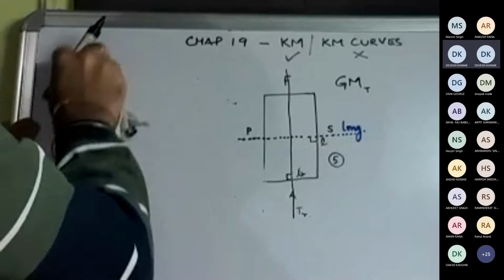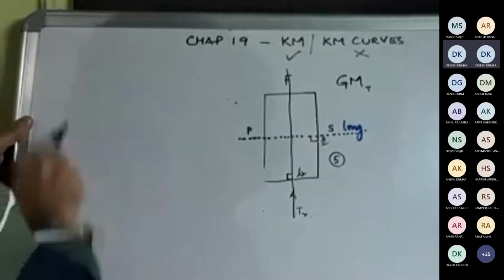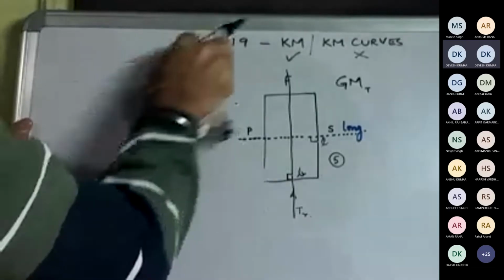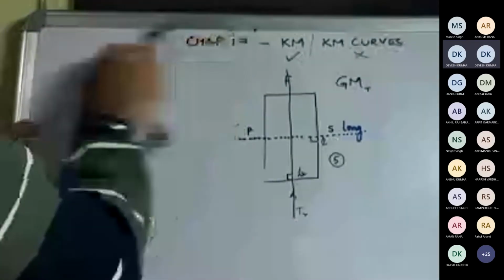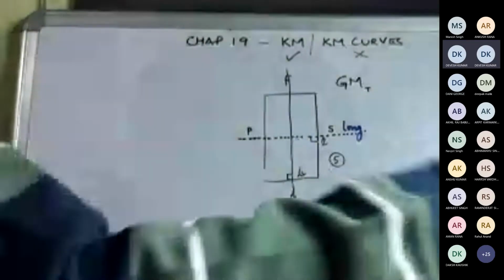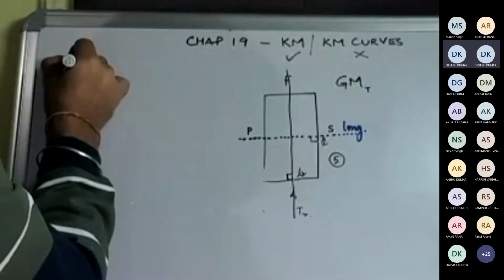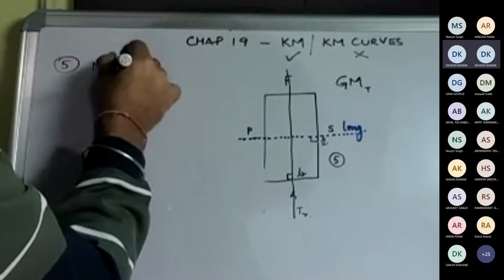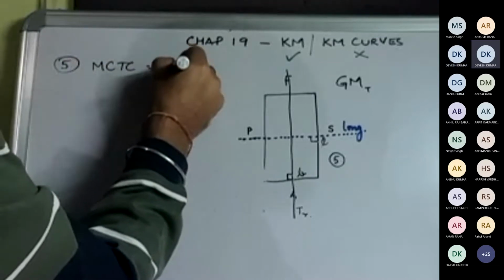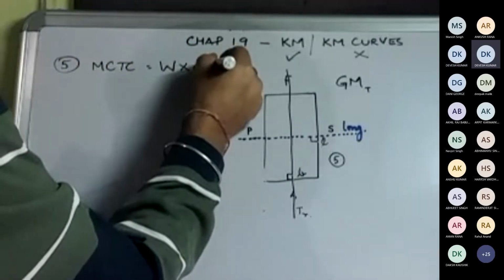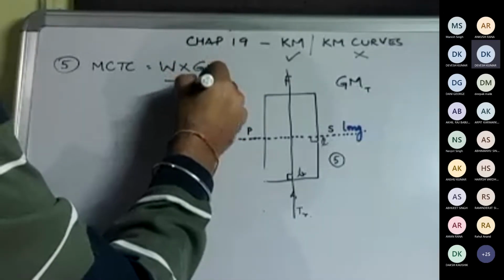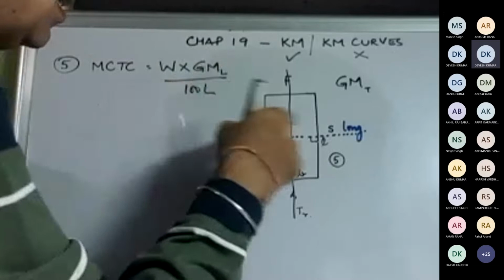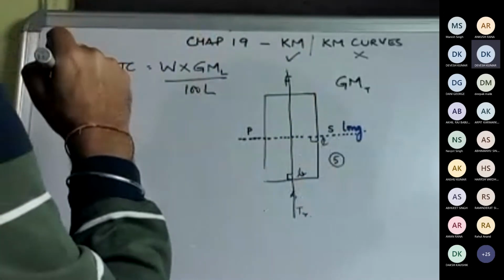सर जो MCTC का फार्मूले में GML होता है, वो यही GML है सर जो ट्रांसवर्स लॉन्गिट्यूडनल है, सॉरी मोमेंट ऑफ इनर्शिया जो लॉन्गिट्यूडनल है। Absolutely right. I'm just coming to that only now. So your MCTC formula is W into GML upon 100L. This GML is the यही वाला ML जिसकी हम बात कर रहे थे अभी.